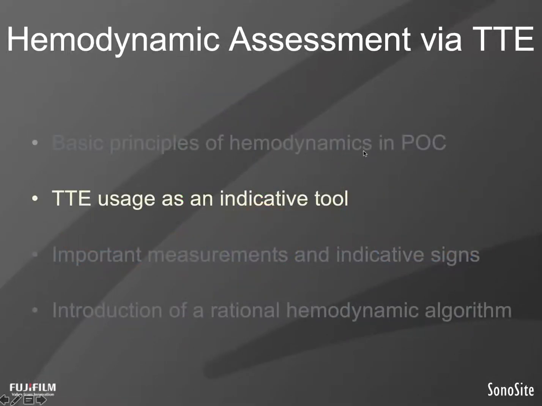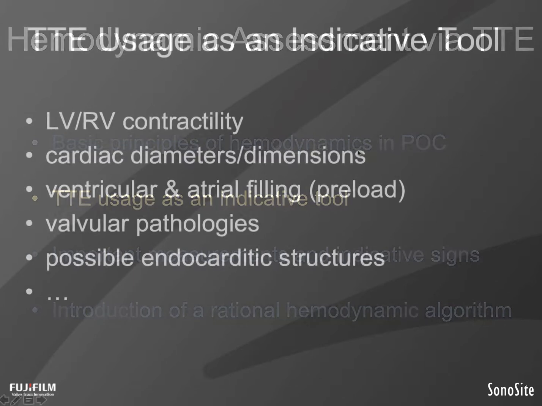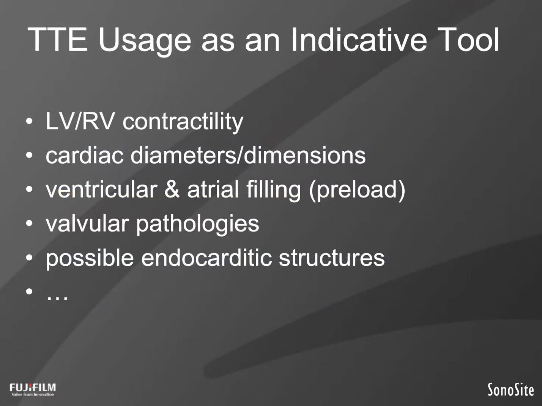In this regard, TTE usage is a beneficial tool, but it is indispensable to interpret the indicative signs correctly. Using TTE as an indicative tool, it is very important to improve the so-called eyeballing qualities. Then you can easily evaluate in B mode left and right ventricular contractility, cardiac diameters and dimensions.